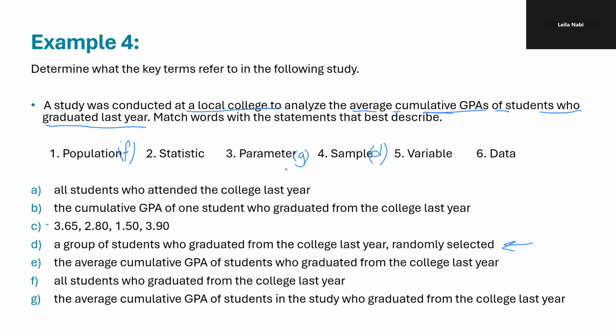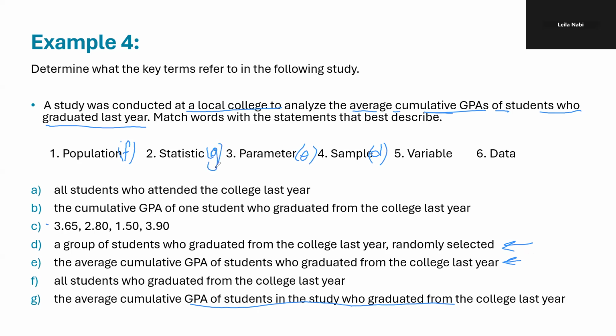We said the parameter must be about the population, so I didn't read them carefully. The average GPA score of all students who graduated from the college last year is the parameter, but the average GPA score of only those who graduated last year and participated in this study is a statistic. That's the G.